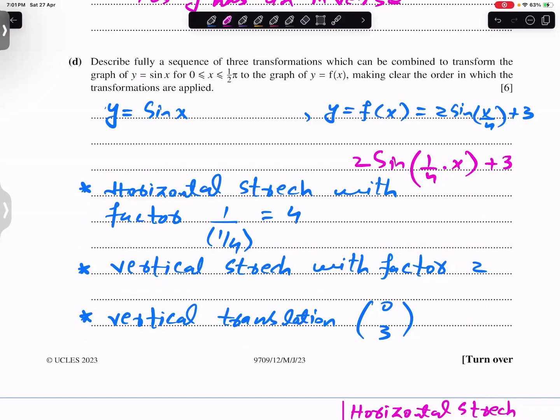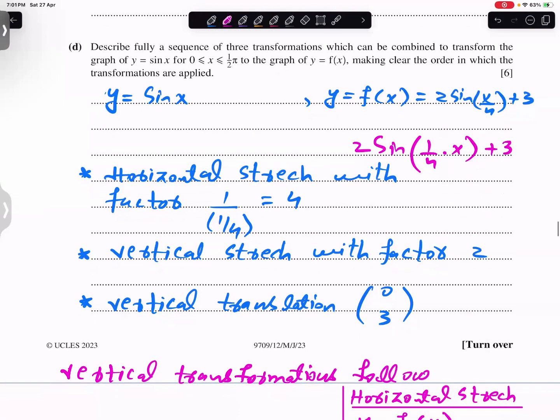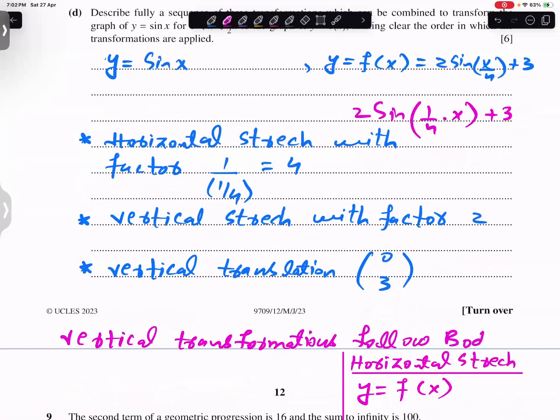And what is the order now? In the vertical case, vertical transformations follow the BODMAS rule: brackets, order, division, multiplication, and then addition and subtraction.